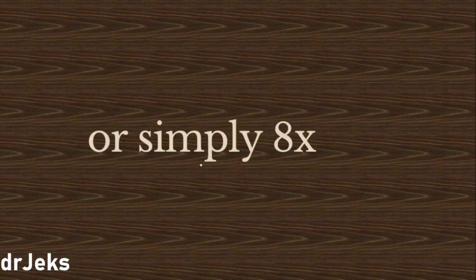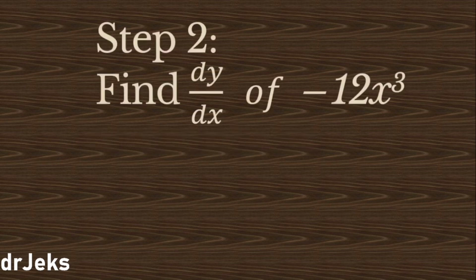You may also choose to write it in the form 8x, but 8x to the power 1 is going to help you remember what you've done, and to show that the power of x, which was 2, has been reduced by 1. The second step, find dy/dx of the second term, which is minus 12x to the power 3. Again, this 3 is going to come this side, and then you're going to subtract 1 from the exponent.